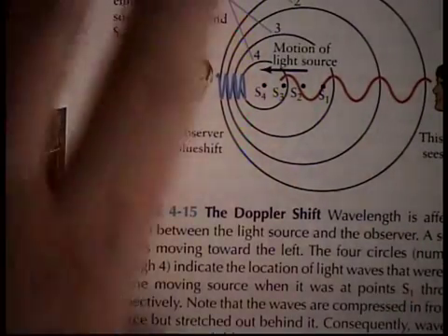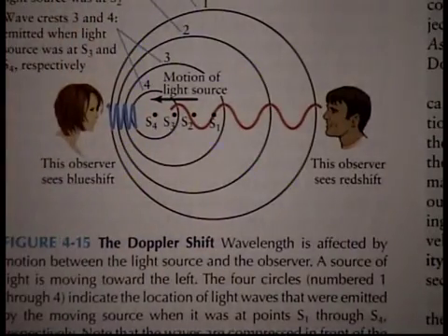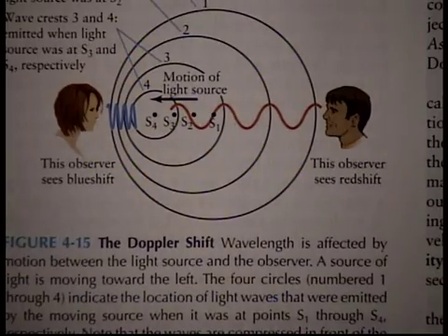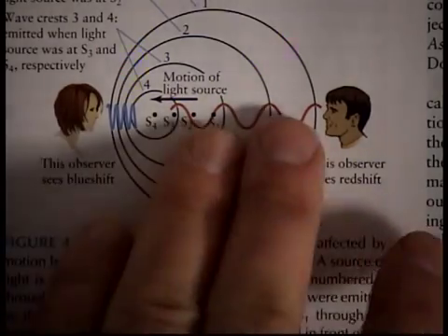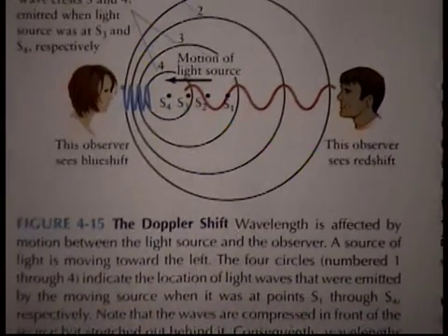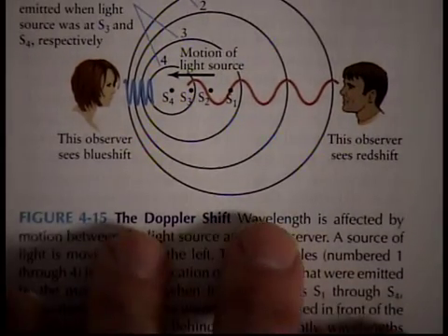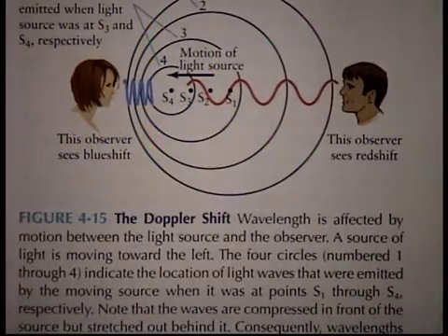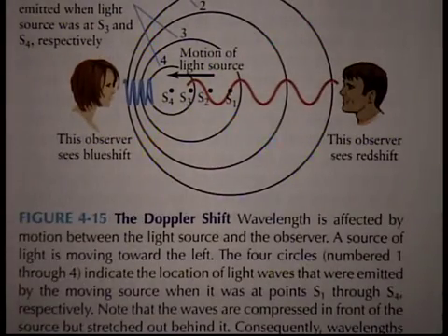If the object is moving away from us, the wave is said to be red shifted, so we see the wave being stretched out. This Doppler effect ends up being a crucial part of understanding modern astronomy in terms of measuring, for example, the relative motion of galaxies. Are they moving away from us or towards us? That information has been immensely useful in understanding the overall nature of our universe.